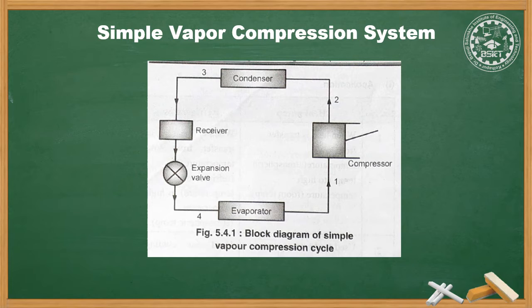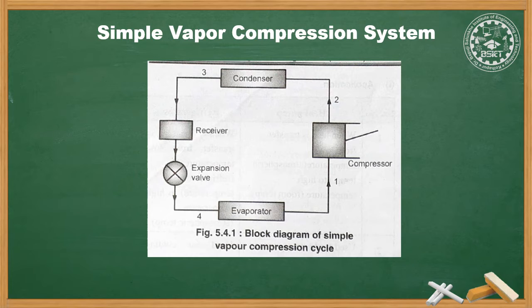The vapor is condensed in the condenser and hence change of phase takes place, that is, latent heat of condensation is removed by the cooling medium. High pressure saturated liquid refrigerant leaves the condenser and enters the expansion valve at point 3.